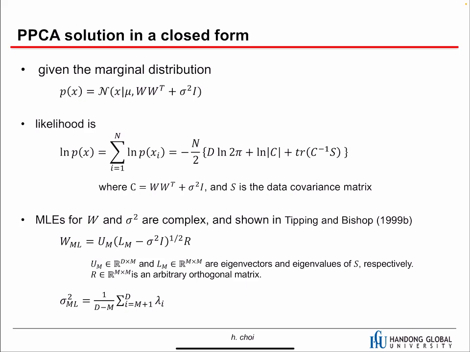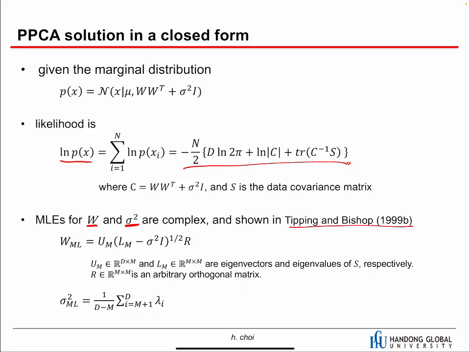So we have the log likelihood like this. This is not complicated. So far, so good. We have to take a derivative with respect to W and with respect to sigma square. But the derivation might be a little complex, so we are not going to go through this derivation, but if you're interested, you can check this paper. The idea is simple.